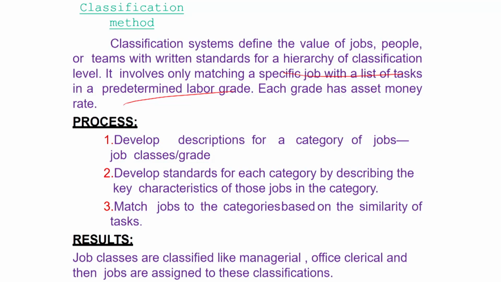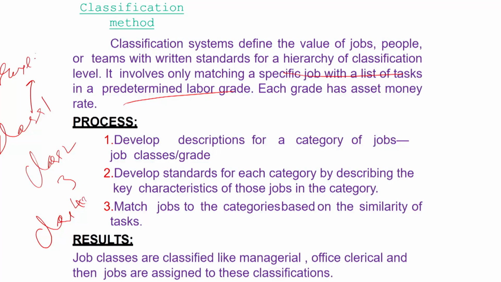For example, we can have class 1 officers, class 2 officers, class 3 officers, class 4 officers. Maybe class 1 are the executives, so there is a tag associated with them. Maybe the class 2 officers are the skilled workers. Then the class 3 people are semi-skilled workers.